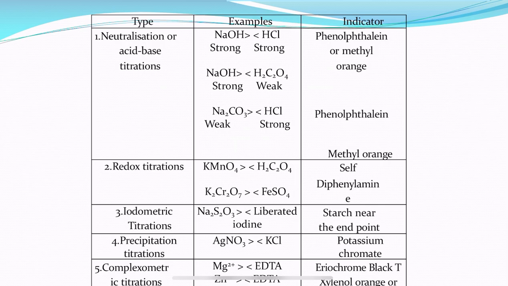Say for example, if I am doing a titration of NaOH and HCl, definitely HCl is a strong acid, so it will have a pH of 3 or 3.5 something like that, and sodium hydroxide also is a strong base and it will have a pH of 9 or 10.